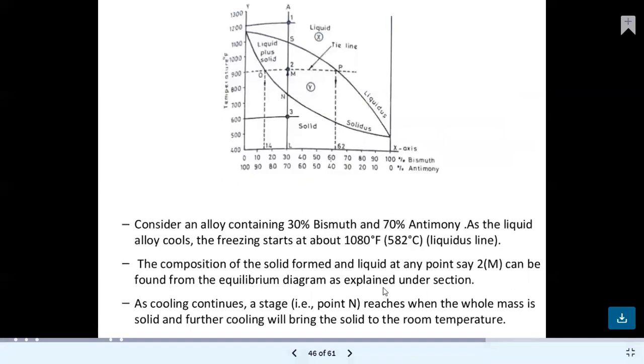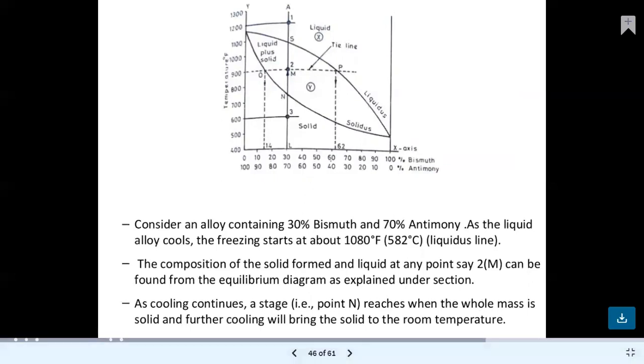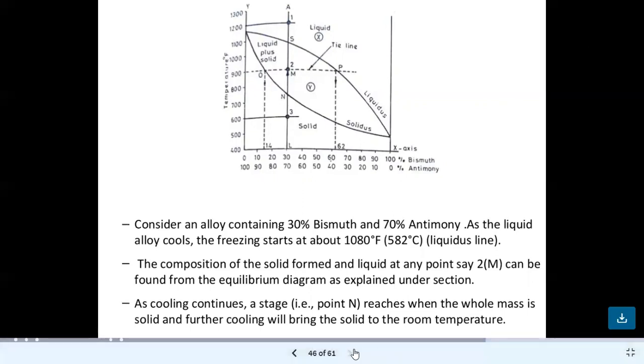The composition of solid or liquid at any point, say 2m, can be found from the equilibrium diagram as explained under this section. As cooling continues, a stage, that is a point n, is reached when the whole mass is solid, and further cooling will bring the solid to room temperature.